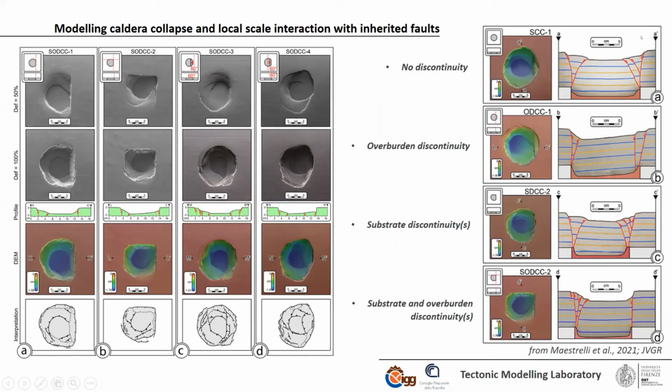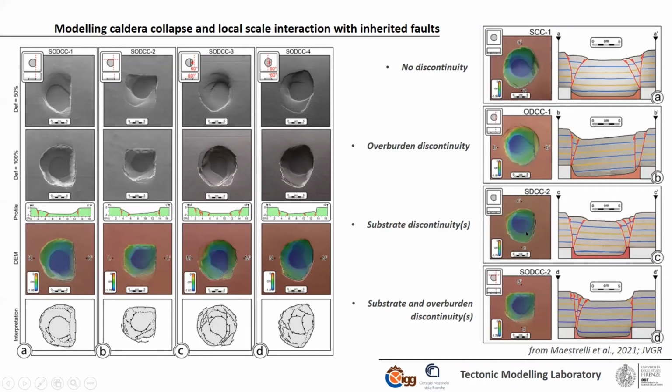So if we compare, for example, one model from each experimental series, you can see the standard model, where you have the circular caldera with the inner reverse fault and the outer normal ring faults. If you introduce a discontinuity only in the overburden, you have rectilinear features inside the caldera, which correspond to the reactivated faults, but you still have a circular caldera.